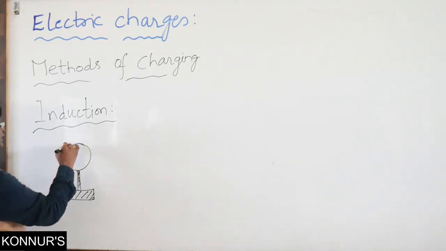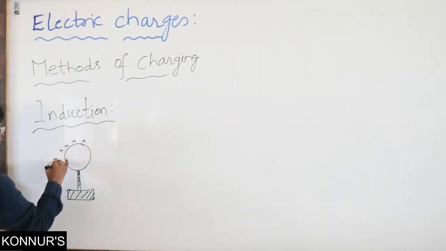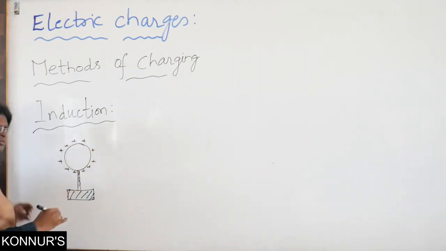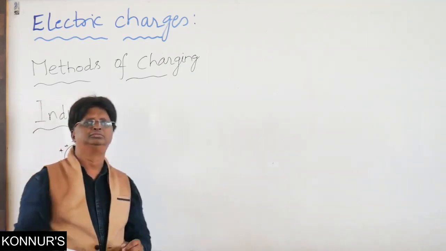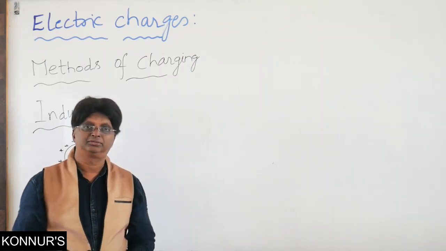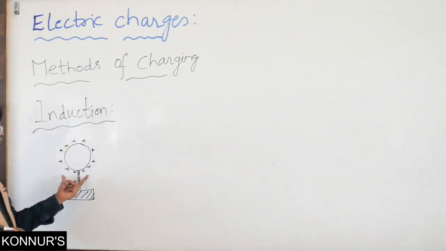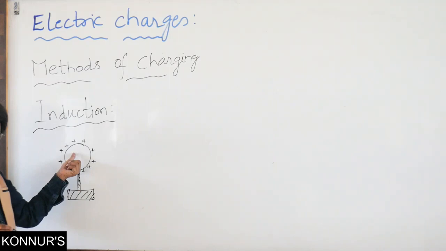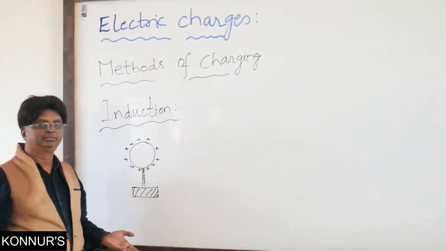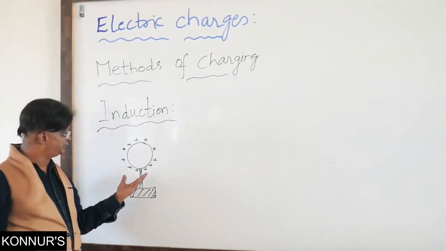Supposing it is given a positive charge. You may wonder why always I talk about positive charge, sir. Can we talk with negative charge? Yes, you can. To be positive in our attitude, I am showing positive charge, right? So this is a positively charged sphere. Again, is it always the shape of a sphere? No, any arbitrary shape. The figure looks good like this.